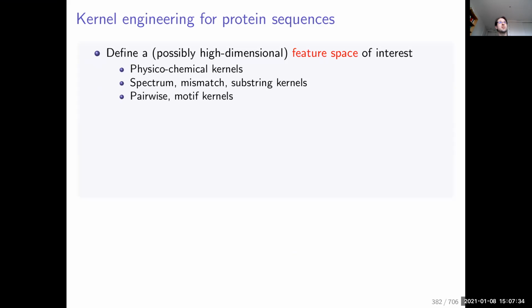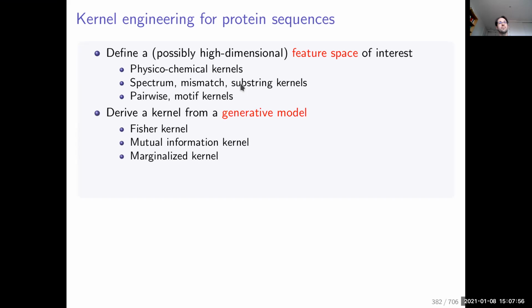Basically, we are going to represent sequences as very high dimensional vectors, and to compute the inner product, meaning the kernel function, we'll need to design clever algorithms. We are going to talk in particular about the spectrum kernel, the mismatch kernel, and briefly talk about the substring kernel. You'll see what this means.